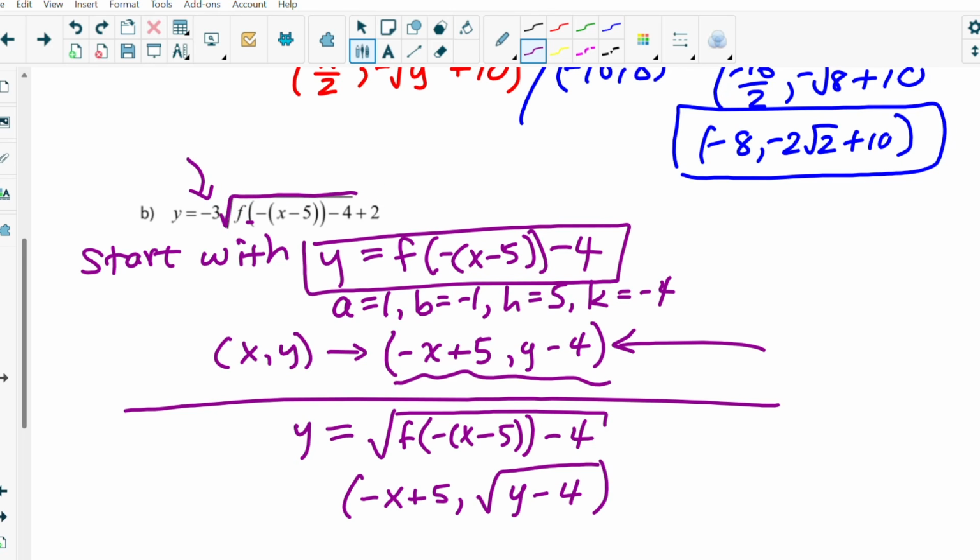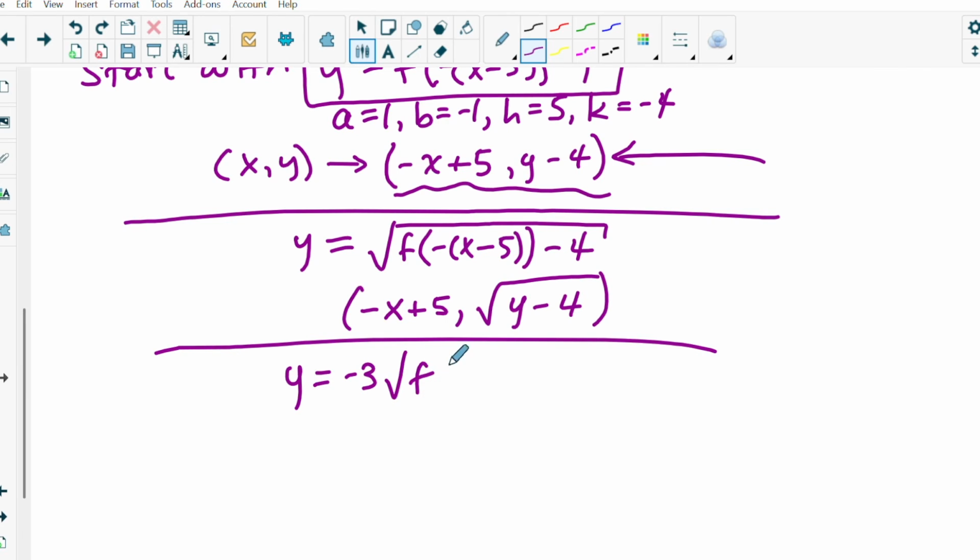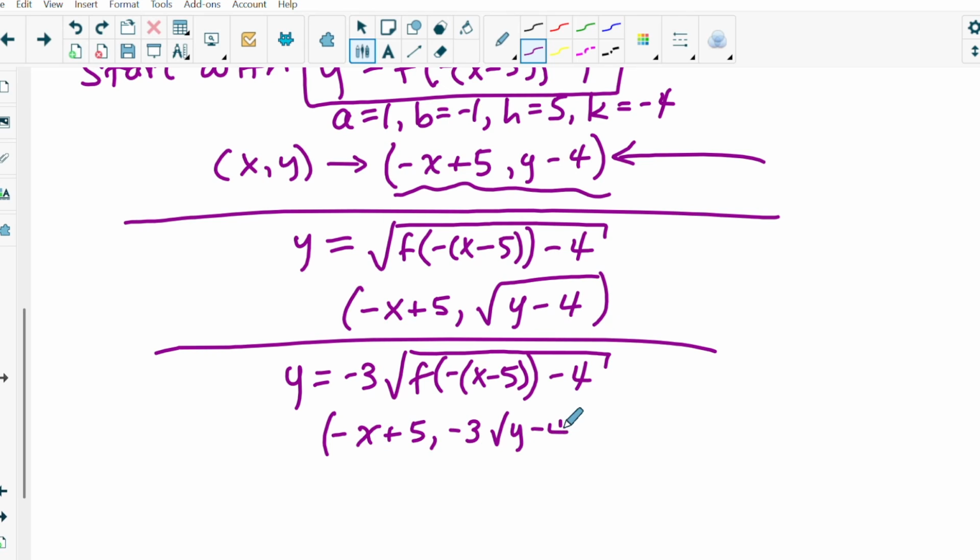Let's put that negative 3 back on. Well, what happens? Now I'm going to put the negative 3 back on. And then what does that do to my mapping? Negative x plus 5, negative 3 times square root of y minus 4.